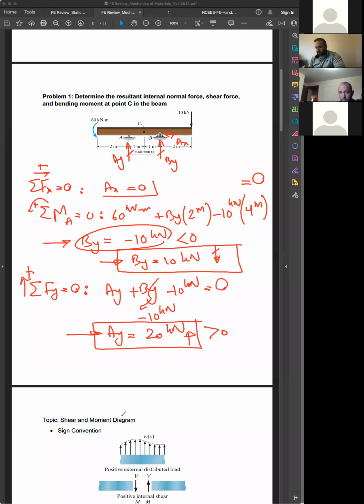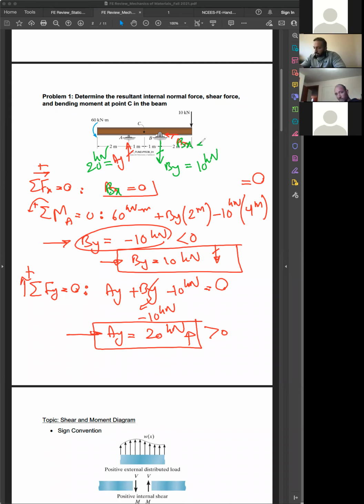This is Ay. Let me fix it here. I'm going to show a downward force for By equal to 10 kilonewton. The Ay is 20 kilonewton, and this Bx, sorry, let's just fix this one.